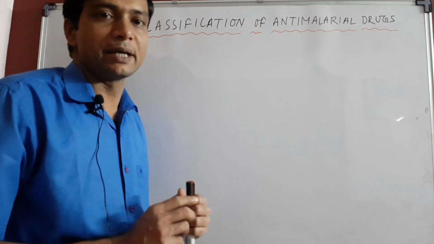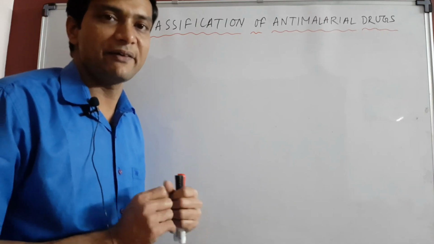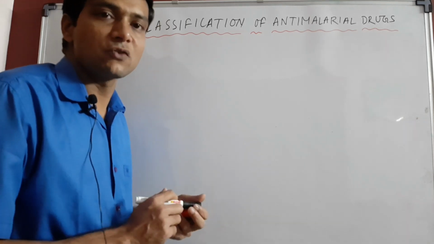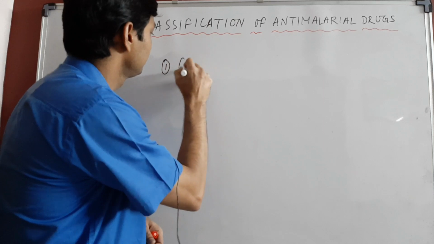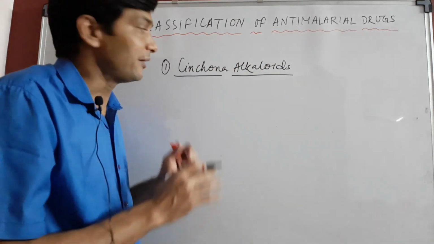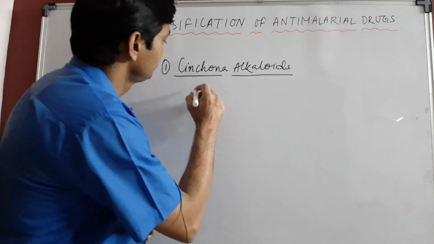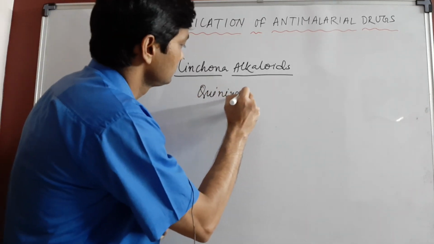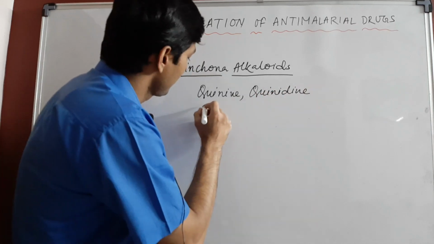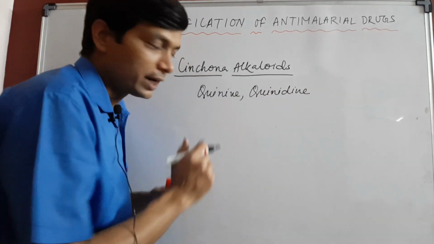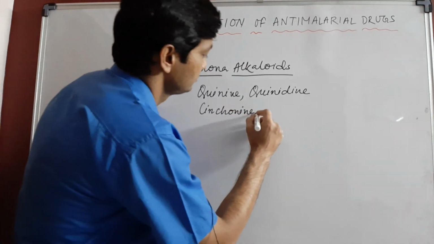According to their chemical structure, antimalarial drugs can be classified as follows. The first class of antimalarial drugs is the cinchona alkaloids. Examples of cinchona alkaloids include quinine, quinidine, cinchonine and cinchonidine.